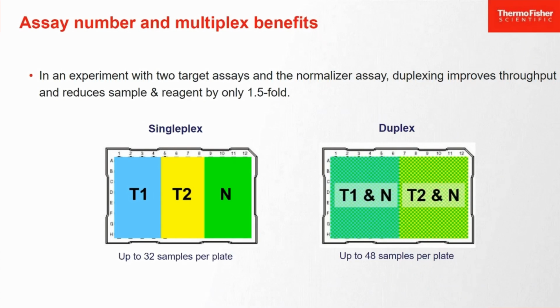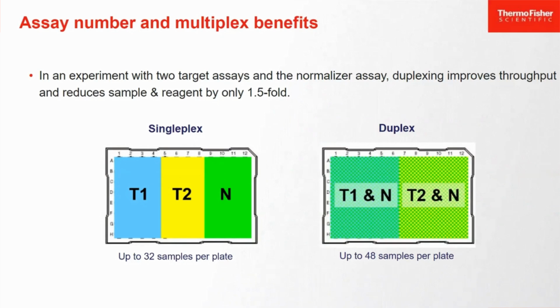But what happens if I have more assays than the multiplex? Let's say now I have three assays: two targets, T1 and T2, and the normalizer N again. In singleplex, I could run up to 32 samples per plate, on a 96 well plate. If I were going to run this as a duplex, I'd have to have two of them. So I can now run up to 48 samples per plate.